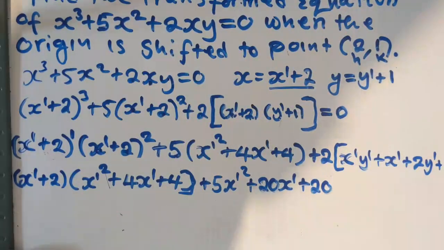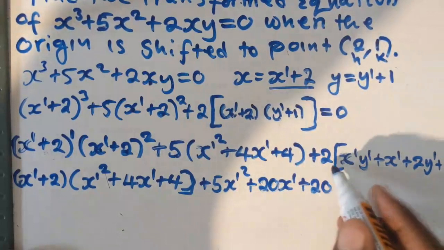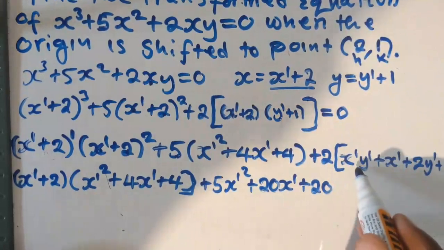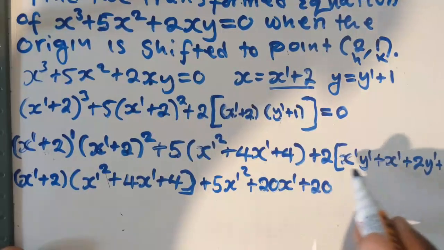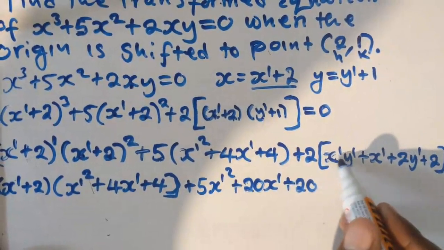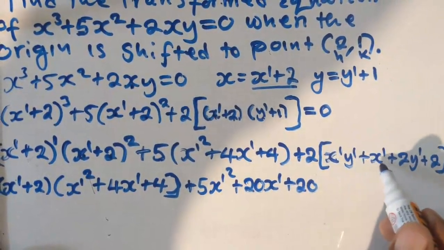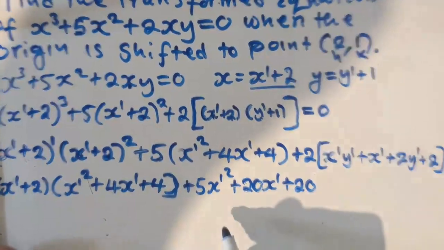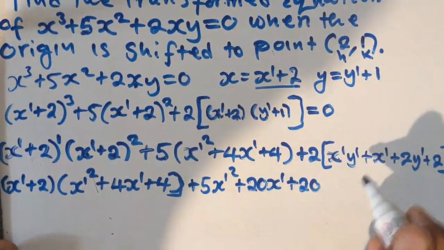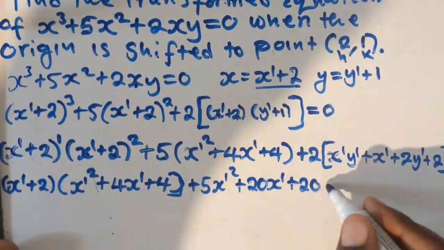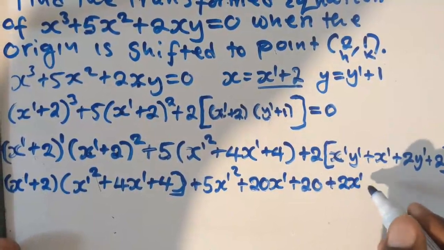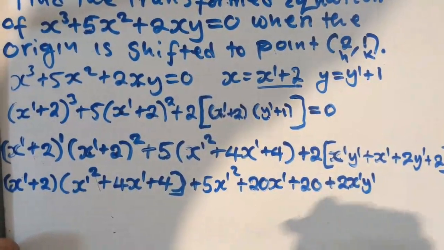As simple as that. Then from here, you need to multiply the 2 with everything inside. If there were some like terms inside, you would have added and subtracted, but we don't have any like terms. This is x prime y prime, then x prime, then y prime, just like that. So what you need to do is to multiply this. So 2 times x prime y prime, you're going to have a positive 2x prime y prime, like that.